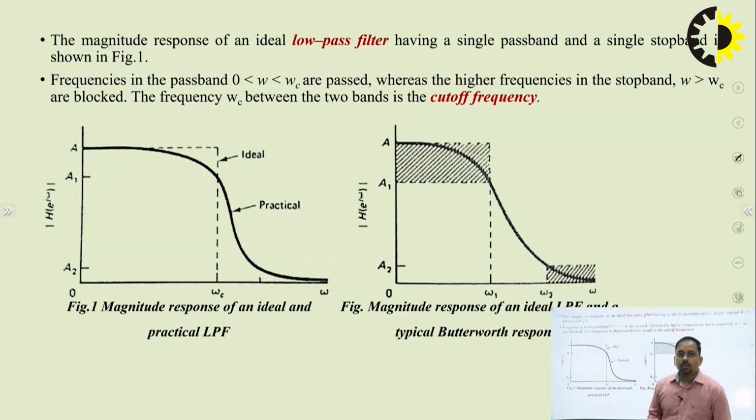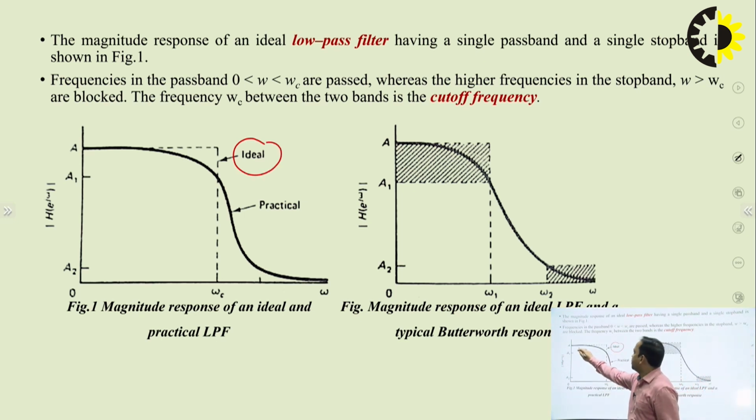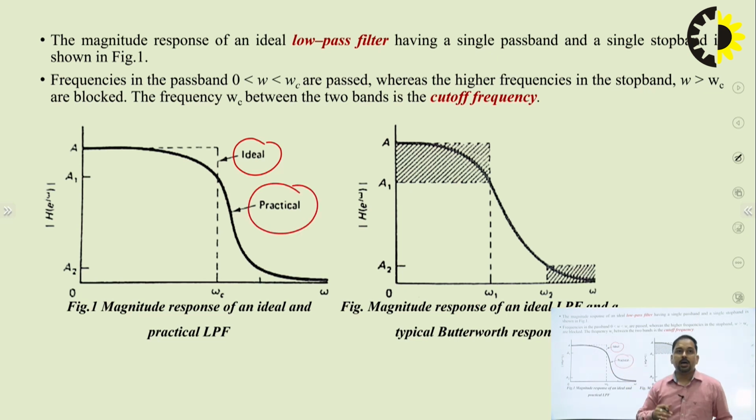So next is, let's say we have a case which is corresponding to the low pass filter. So we have in this particular figure the magnitude response of a low pass filter, and we have two kinds of responses. One is the ideal response, which is shown in the dotted line, whereas this practical low pass filter is shown with this particular shape.